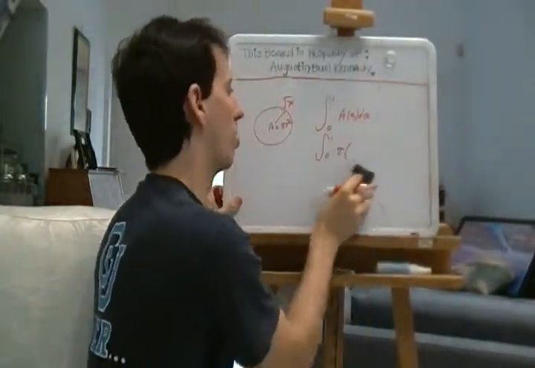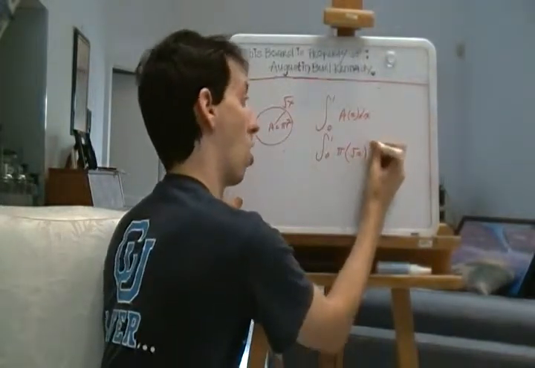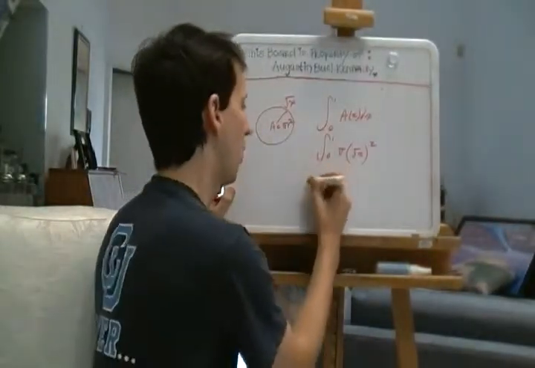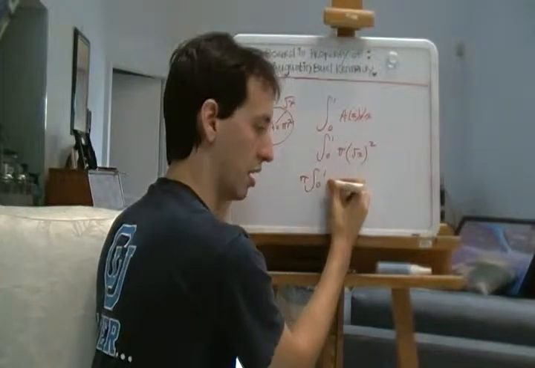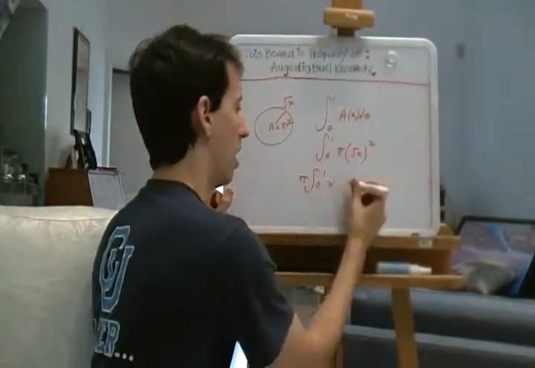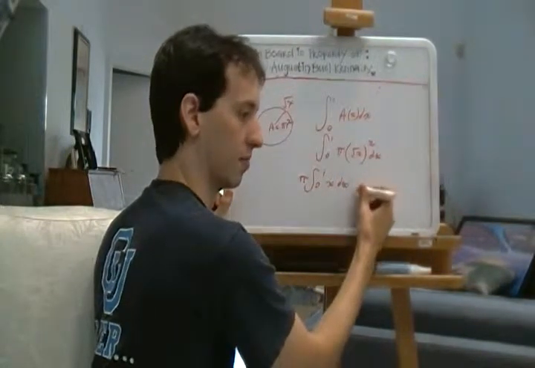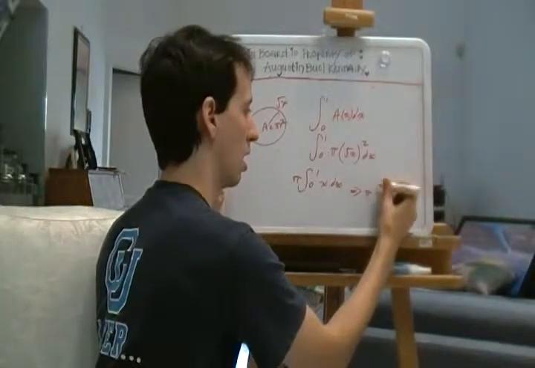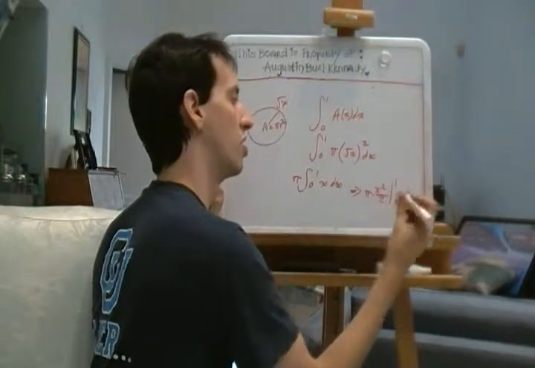So it's going to be pi r squared, r being square root of x, so we get the integral from 0 to 1, take pi outside, of x dx, forgot the dx, and we get pi times x squared over 2 between 1 and 0.